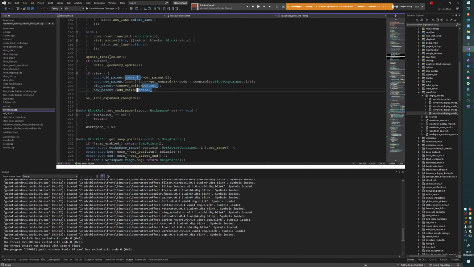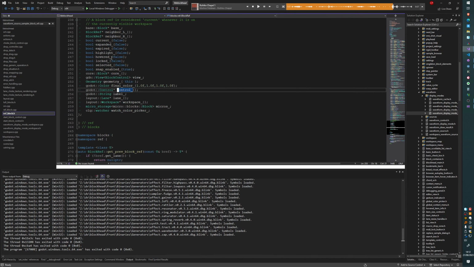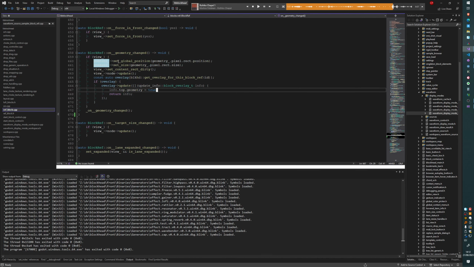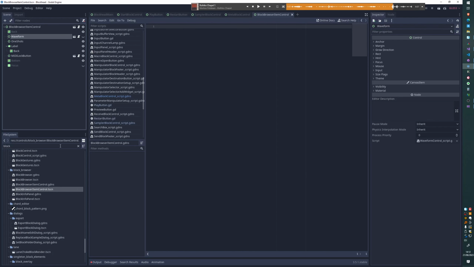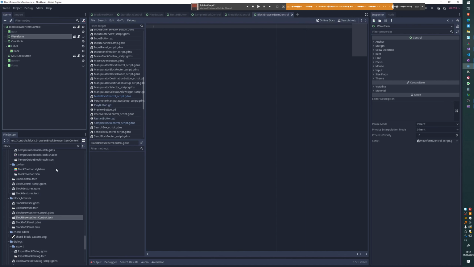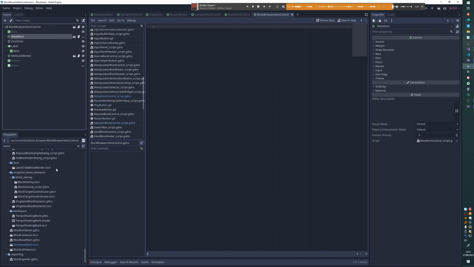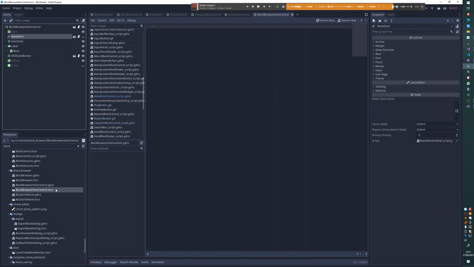Okay, so right. The problem here, I think, is when I refactored the block controls, I moved away from using scene inheritance in Godot.